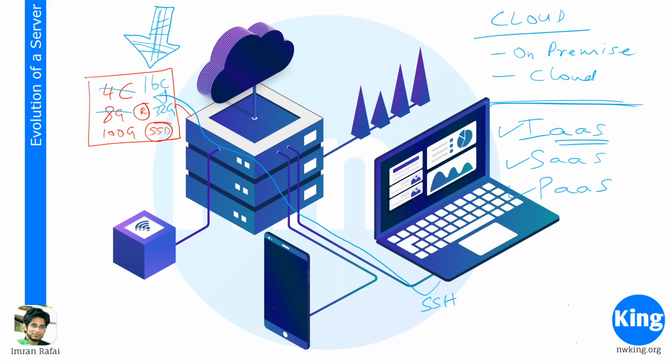The next type is called PaaS. That is nothing but platform as a service. So platform as a service is very similar to IaaS, where only thing is here you would choose to have an operating system. You would choose to have few tools, because PaaS typically is used by developers. So you would say, I need this software, I need this operating system, right? So you would have that option.